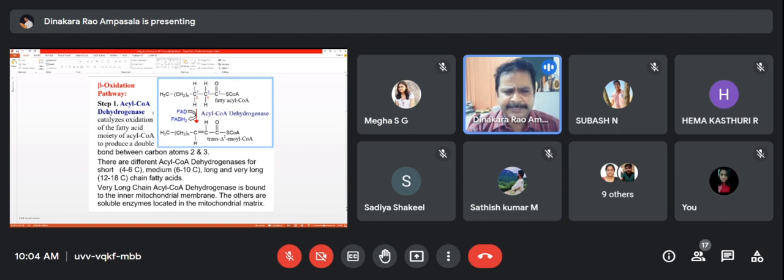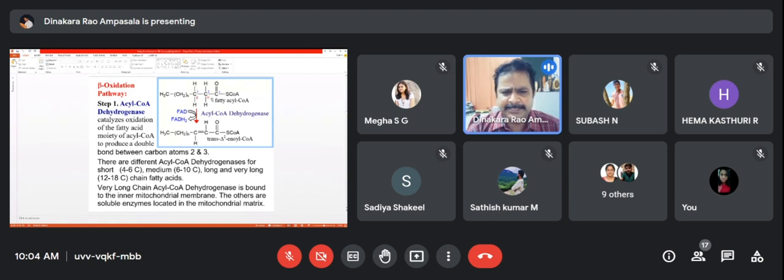Here you can see different types of dehydrogenase enzymes. As we saw in previous classes, those enzymes which remove hydrogen or electron molecules are called dehydrogenases. Here, the enzyme acyl-CoA dehydrogenase catalyzes the oxidation of the fatty acid moiety of acyl-CoA to produce a double bond between carbon atoms 2 and 3.